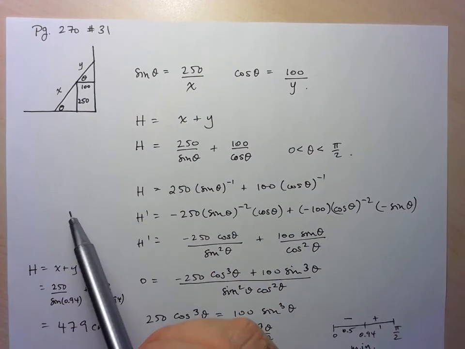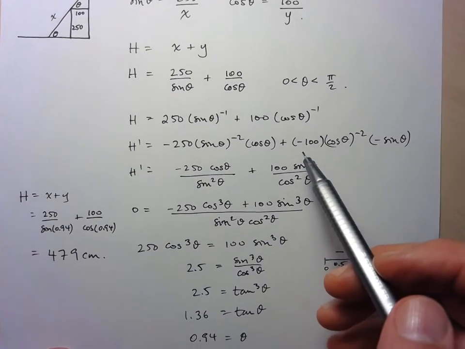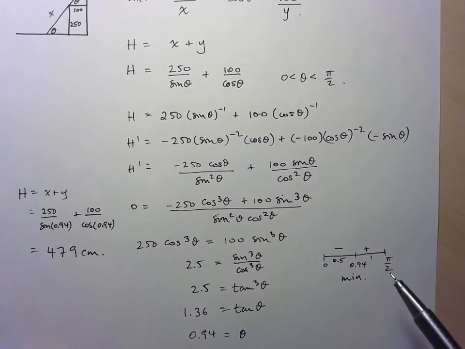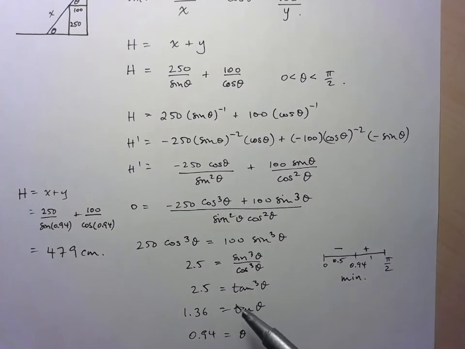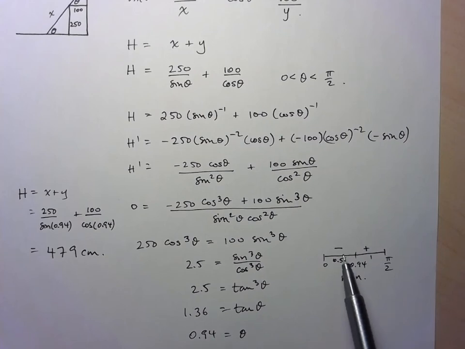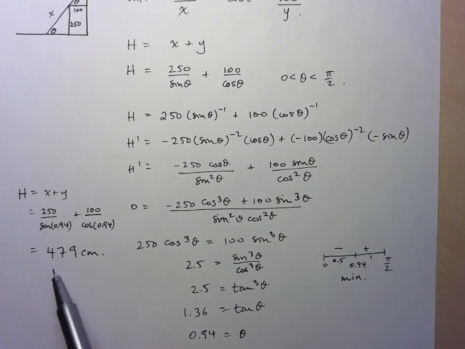Once you get your model, figure out what your restrictions are, and then it's just about doing the correct calculus. Take the derivative, set it to 0, find your critical points that are in your domain, and check what type of optimal value you get. In this case it was a minimum, which is what we were looking for, and then check what they're actually asking you to do, which here was to determine the minimum height.